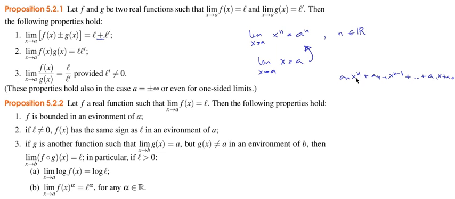Polynomials are just linear combinations of powers of x, so we apply the product and the sum properties here, and the limit of any polynomial p of x when x goes to a is just p of a.